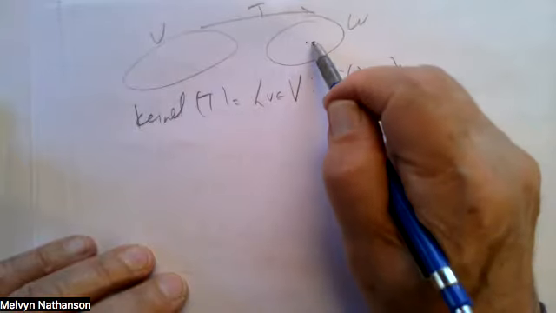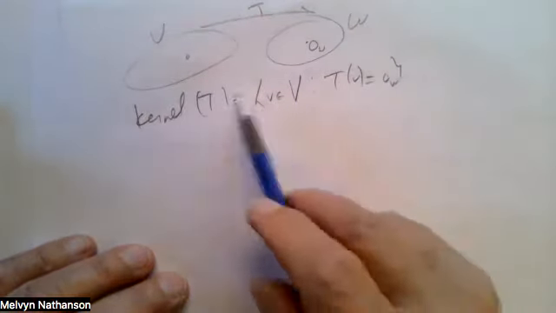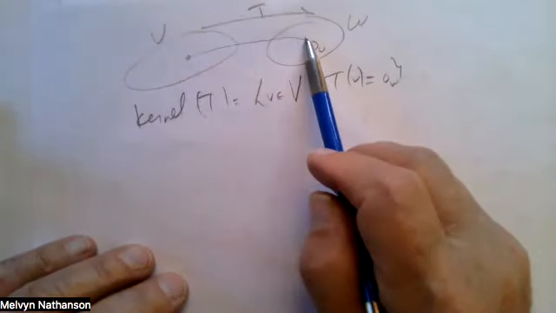That is, here's the 0 vector in W, and we want to find all the vectors V that get mapped to 0. And I claim this is a subspace of V.